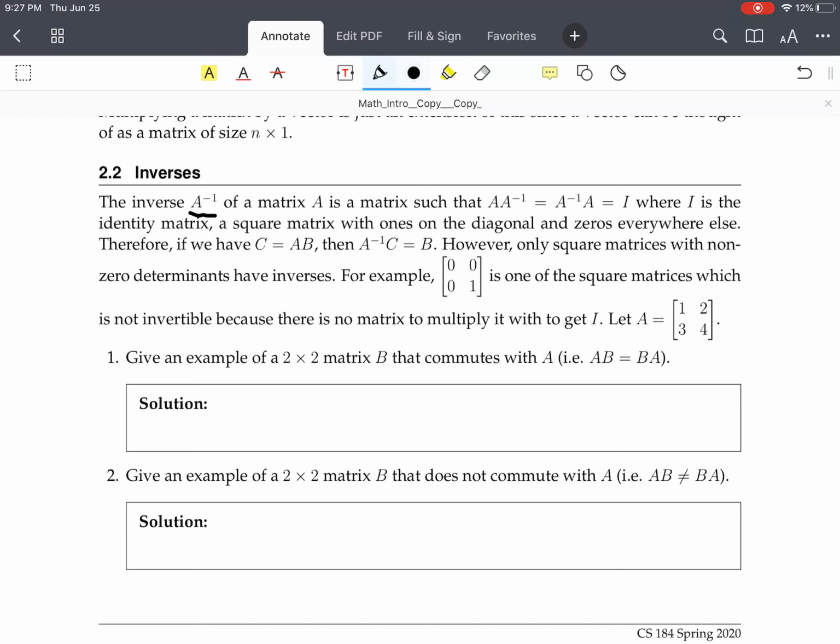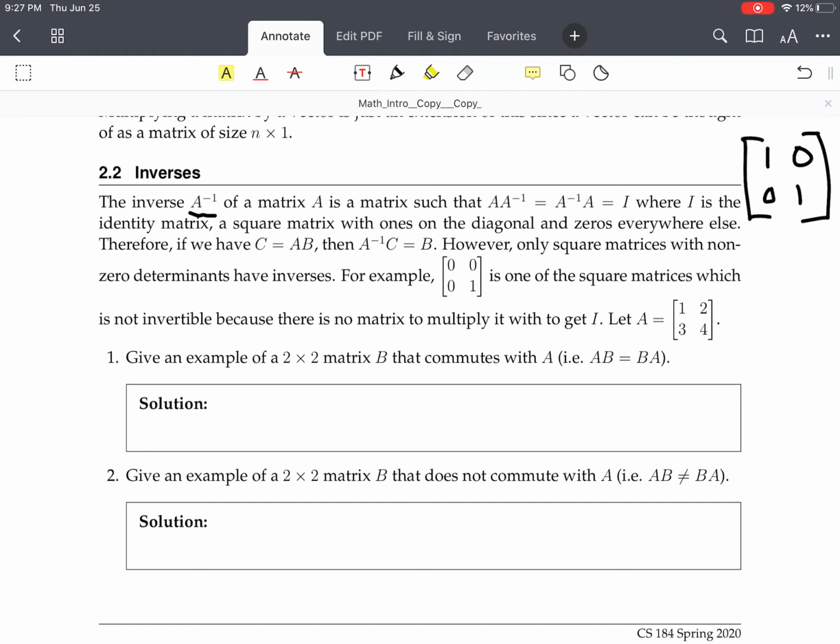So the identity matrix looks something like this in the 2 by 2 case. Just like that, and you can kind of extrapolate, but it always has 1s on the diagonal and 0s everywhere else. And this is something to test at home, but if you multiply any matrix by the identity matrix, it stays the same. So try that out yourself, prove that to yourself.